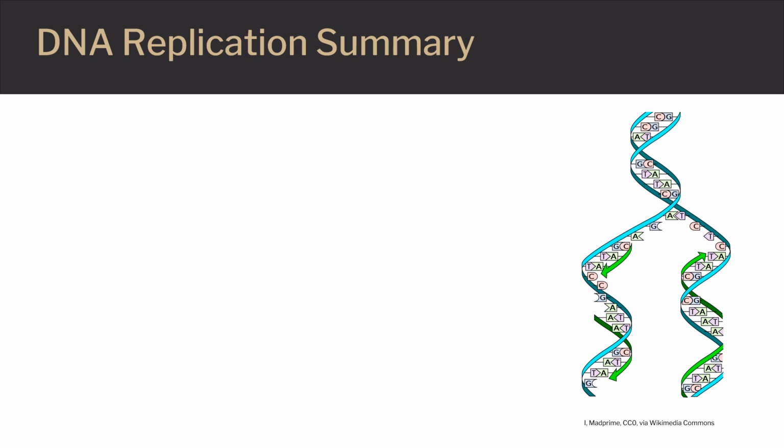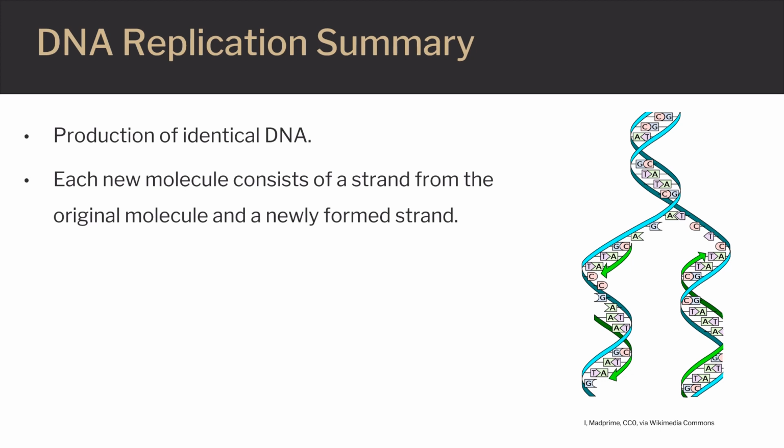DNA replication is the production of two identical daughter DNA molecules from one parent DNA molecule. In order to do this, the parent DNA strands are separated and a replication fork is formed, which allows each strand to serve as a template for new strands.